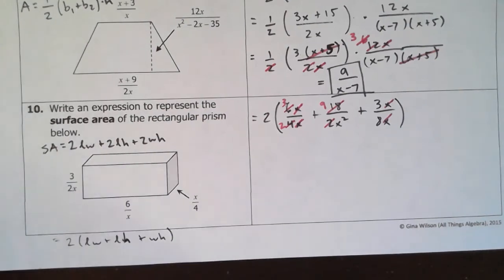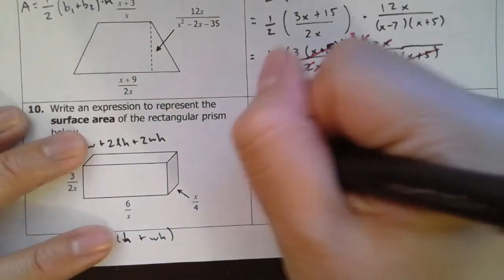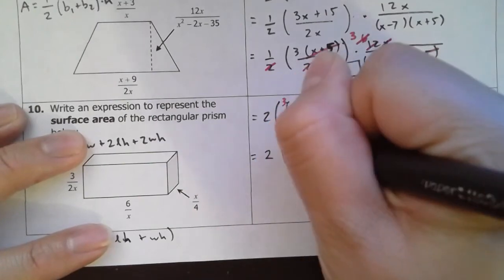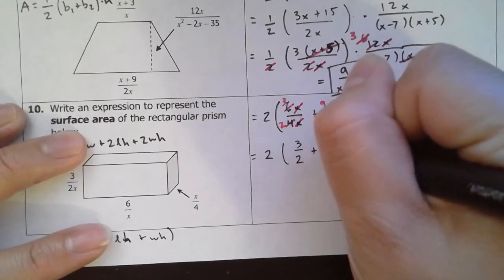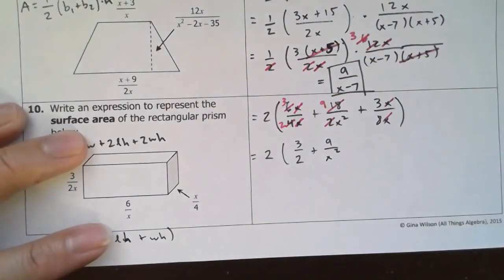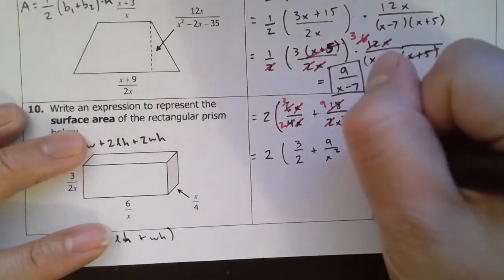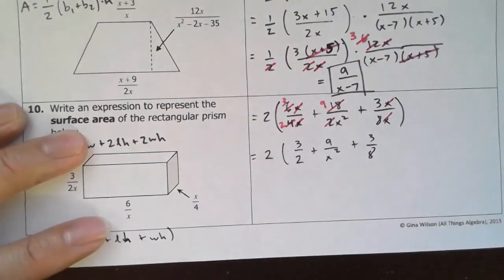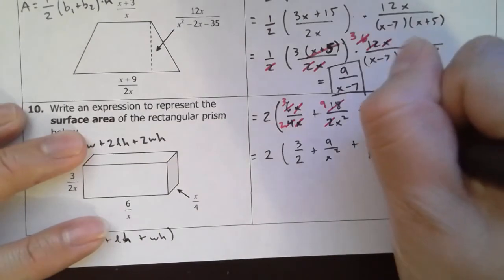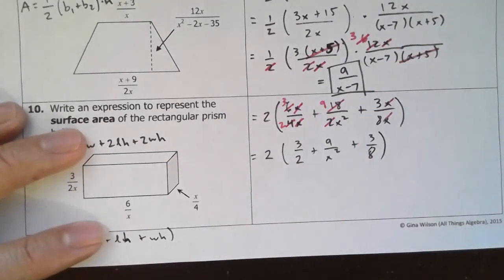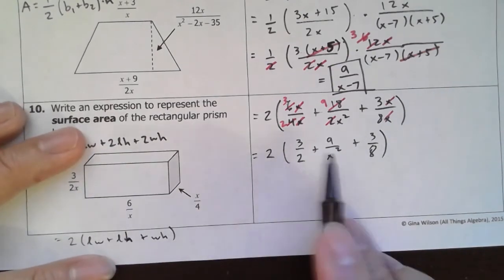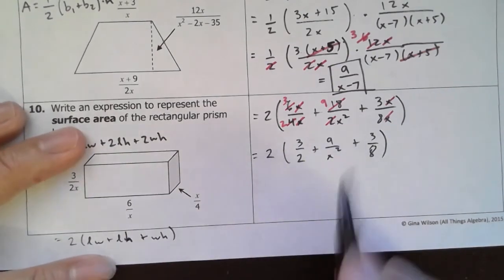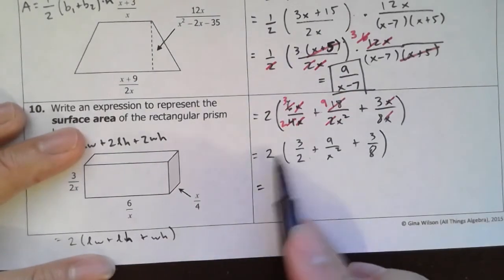So let's rewrite what we got. I have 2 times 3 over 2 plus 9 over x squared plus 3 over 8. Right, and then from here, because you're multiplying 2 into each thing, it's like distribution into each term.